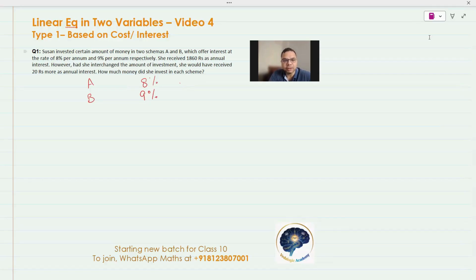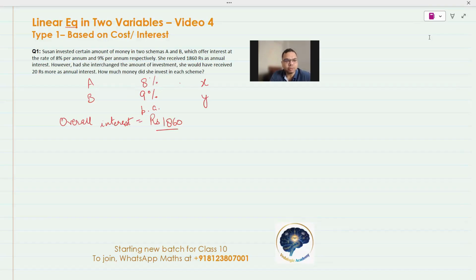She received 1860 rupees as annual interest, so the overall interest is rupees 1860. Let's say that in A, Susan has invested x, and in B, Susan has invested y. So the total interest that Susan received was 1860.